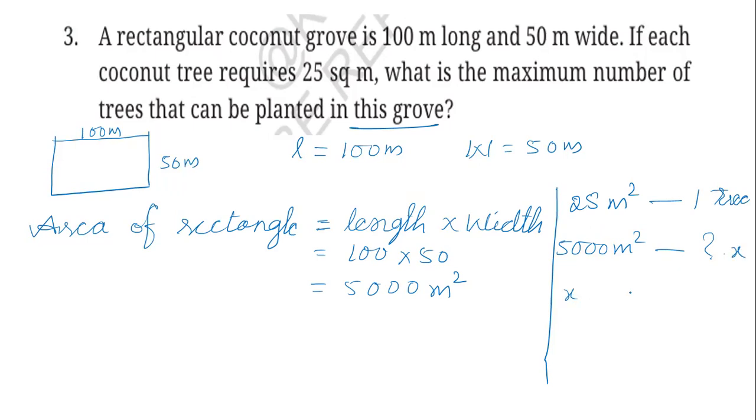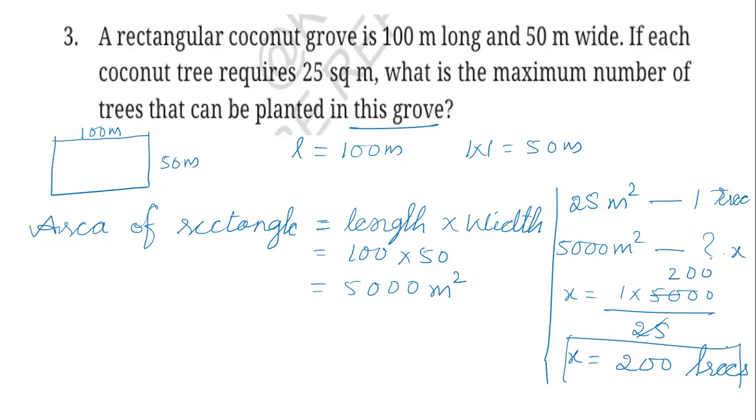X is equal to, just cross multiply, 1 into 5,000 divided by 25. 25 twos are 50. That means 200 trees. 200 trees will be planted in 5,000 square meter.